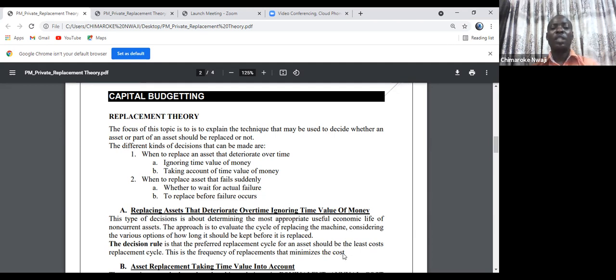So there comes a time, because the asset is not giving you the optimal performance that you require, you will change the asset.